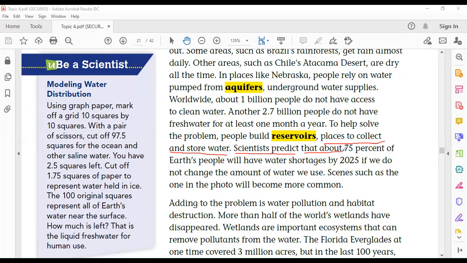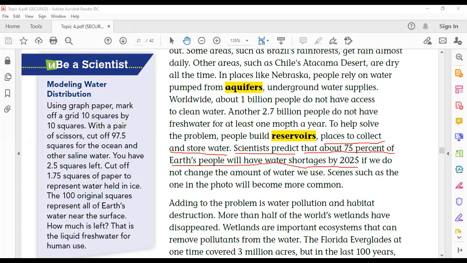Also, scientists predict that 75% of Earth's people will have water shortages by 2025. That means after 5 years.